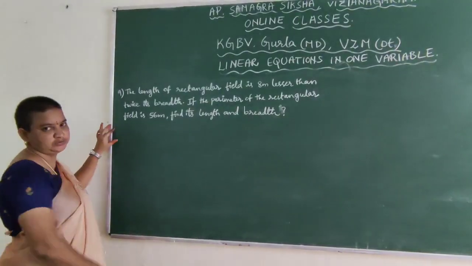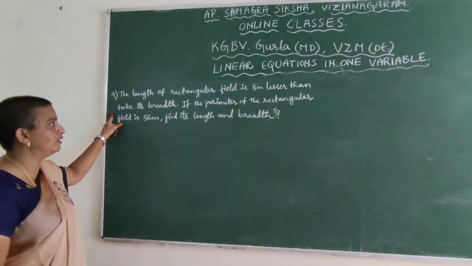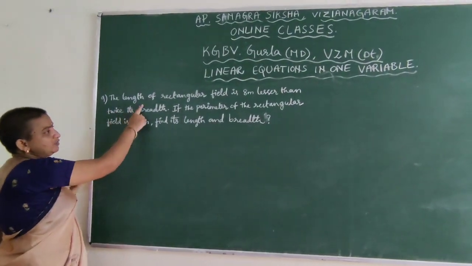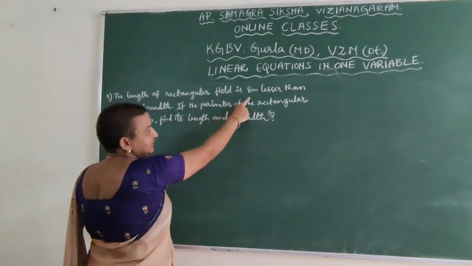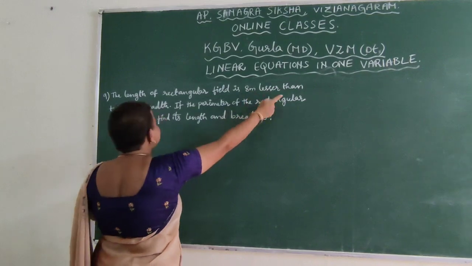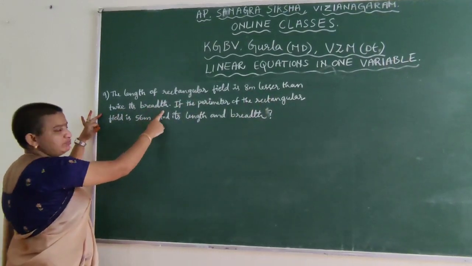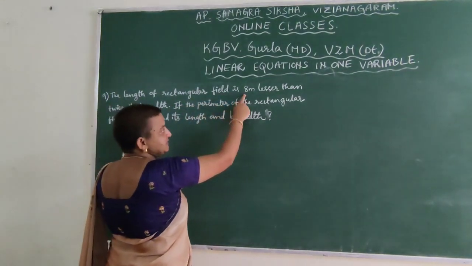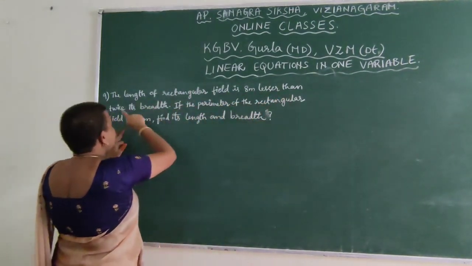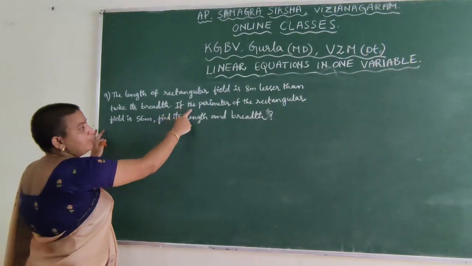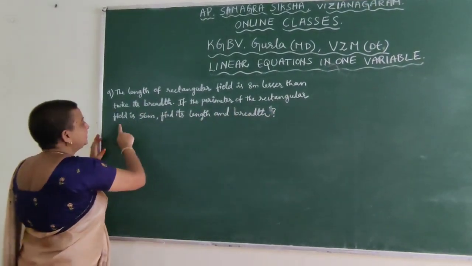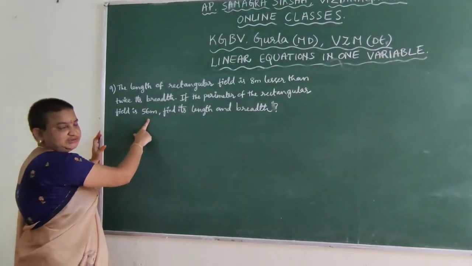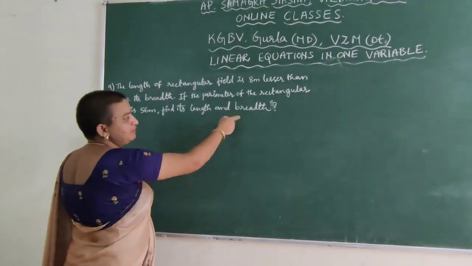Now we have to solve the next problem. First, we can read. The length of a rectangular field is 8 meters lesser than twice its breadth. If the perimeter of the rectangular field is 56 meters, find its length and breadth.